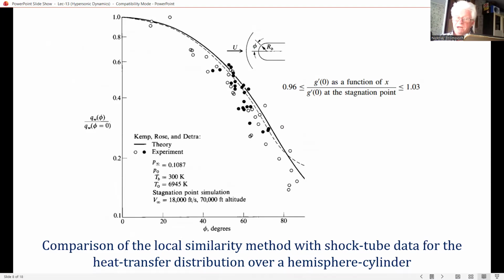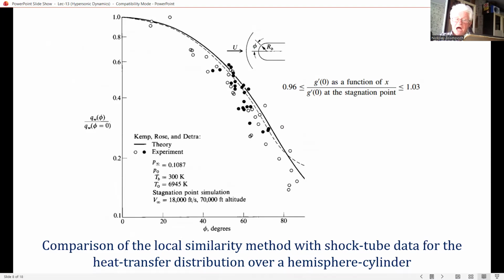The free-stream conditions were such as to simulate the pressure and the enthalpy level associated with free flight in the atmosphere with a velocity of 18,000 feet per second at an altitude of 70,000 feet. The actual shock tube free-stream conditions were different than the preceding velocity and altitude.